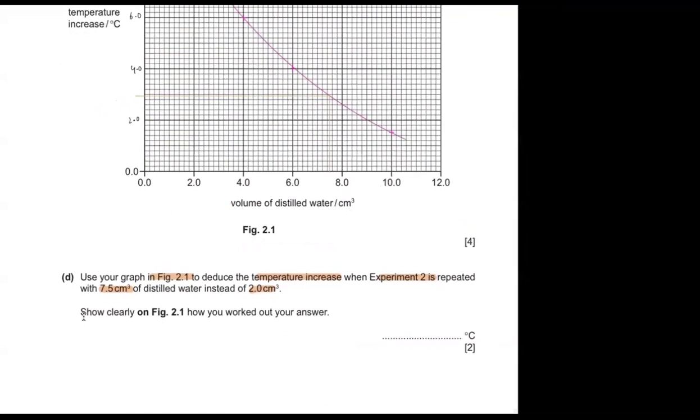Sir, how much range will they give us for this answer? Sometimes they give you the range and sometimes they tell just the working should be shown on the graph. So if you show the correct working, then they will award you the mark.